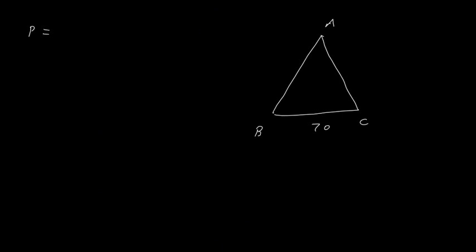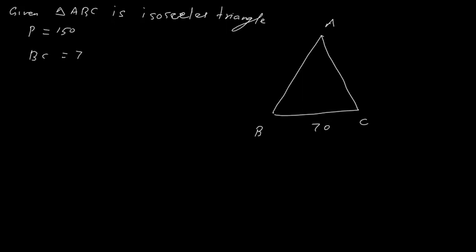We can say, given: triangle ABC is an isosceles triangle, perimeter is 150, BC is 70 and AB equal to AC. What we have to find? We have to find the area.